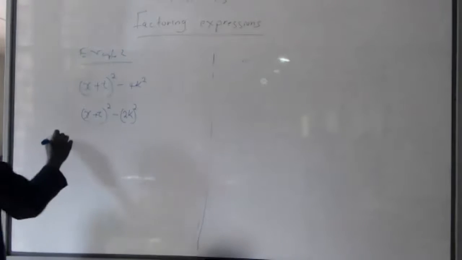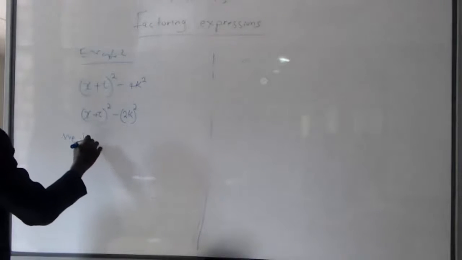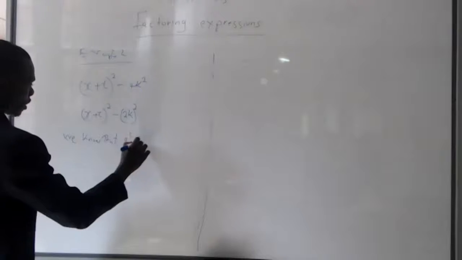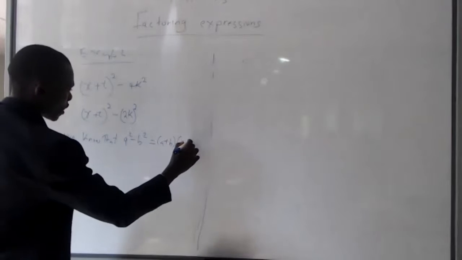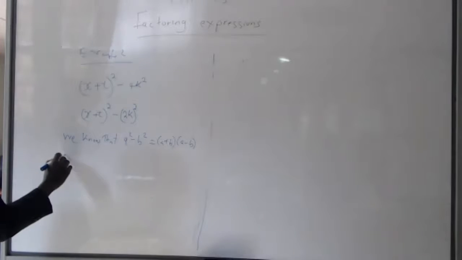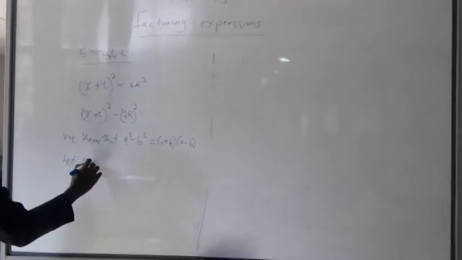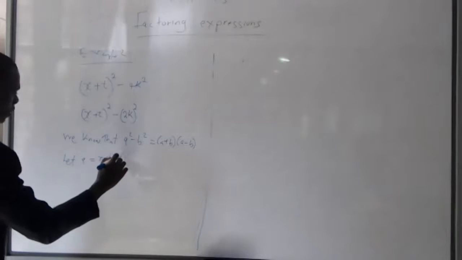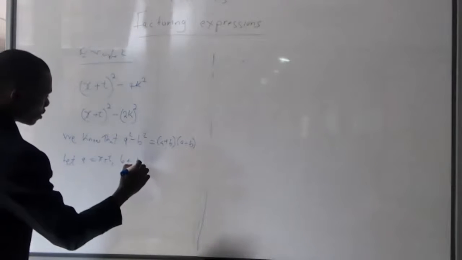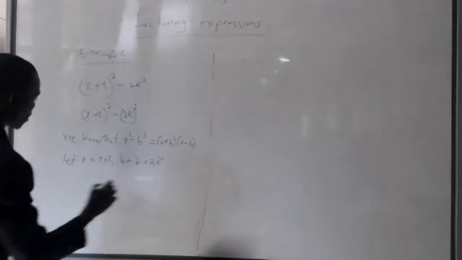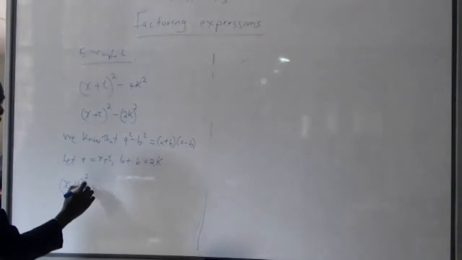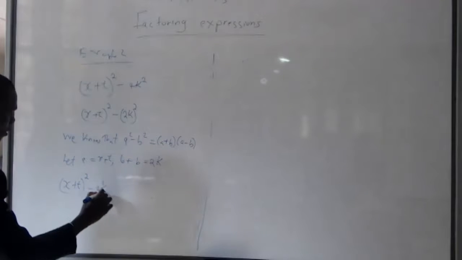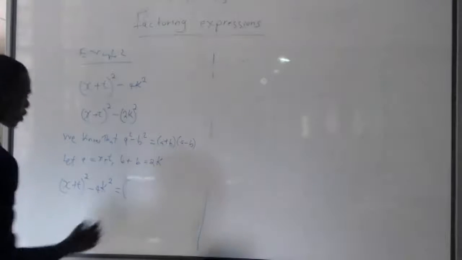Well, we know that a squared minus b squared is simply a plus b times a minus b. So in this case, let a be x plus t and let b be 2k. Then (x plus t) squared minus 4k squared is the product of a plus b.